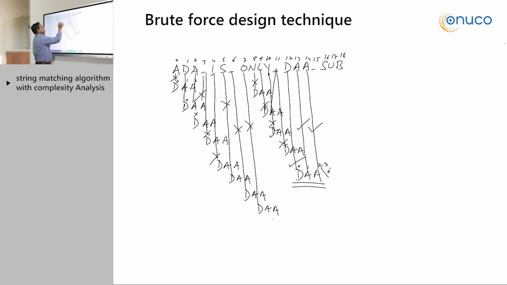Let us see these scenarios. First, T of I, here I is 0 and j is also 0, is equal to P of 0. If both are equal, then increase the j.